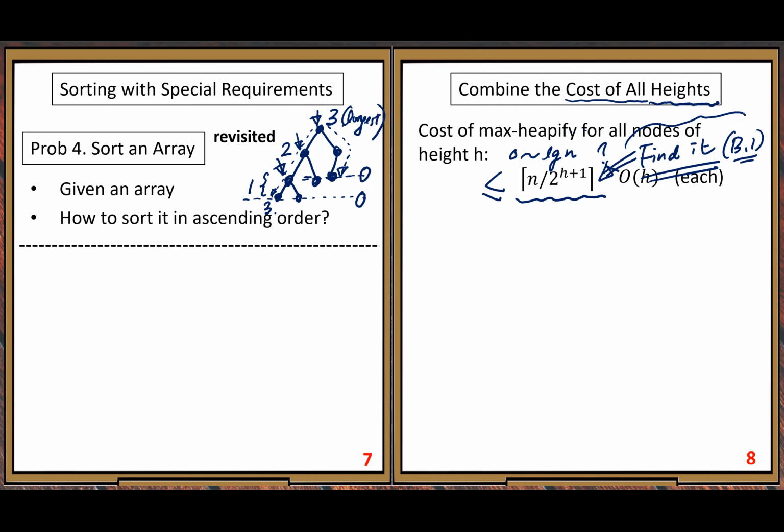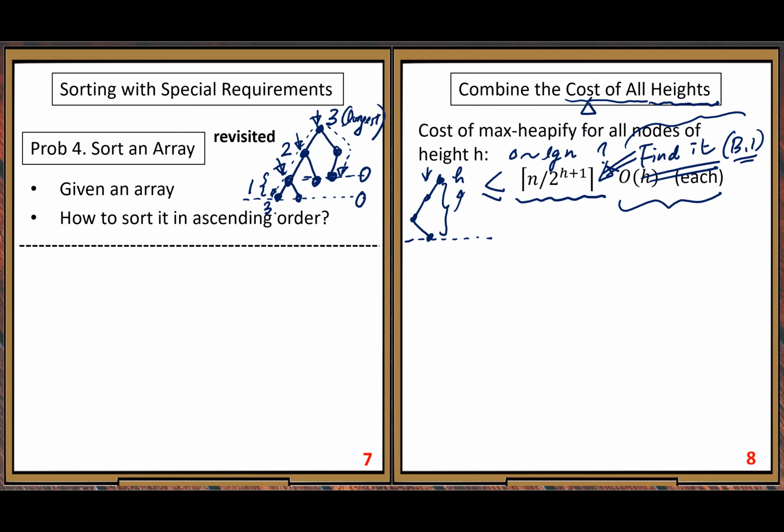Here, I hope you can see this big O of h. What's the meaning of that? Remember, here we try to estimate the cost. We consider a node with height h. There should be some path from the current node, the starting point, to reach the bottom level with height h. What's the meaning of cost?